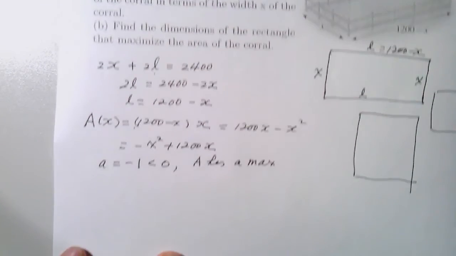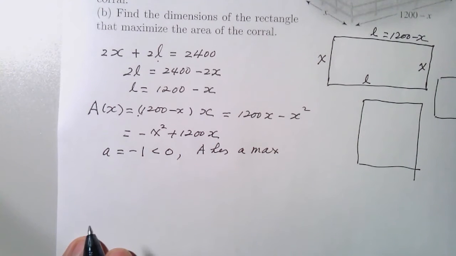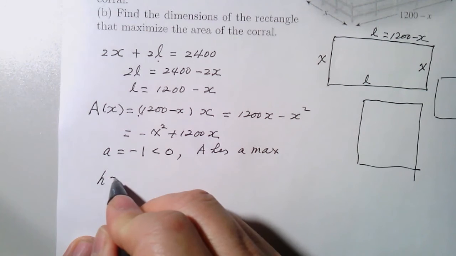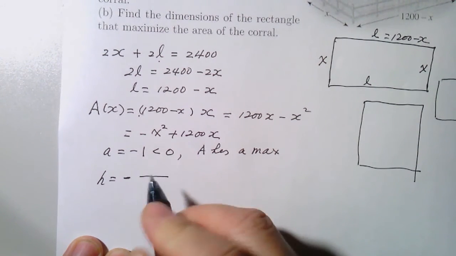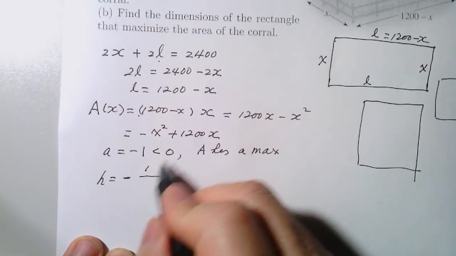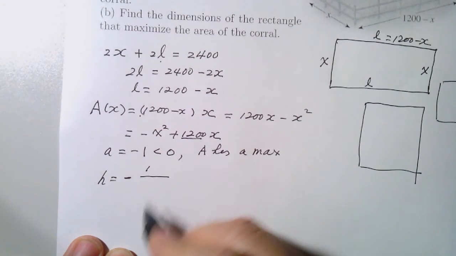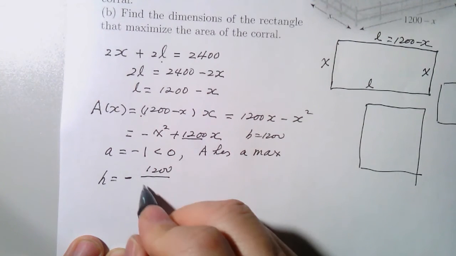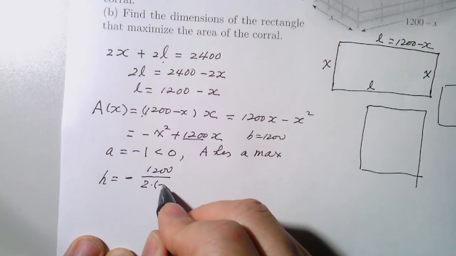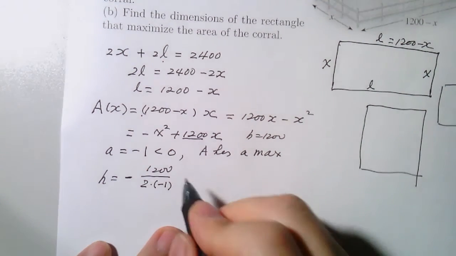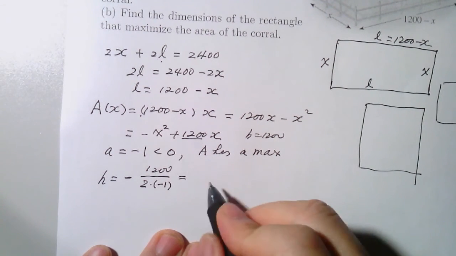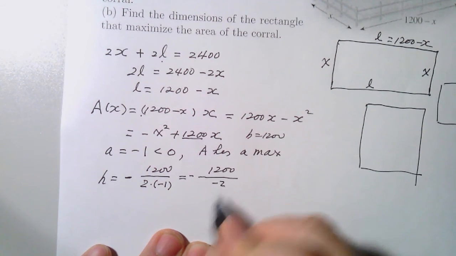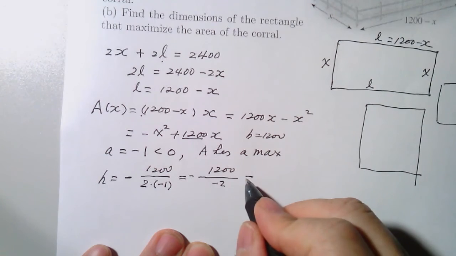In order to find the maximum, I'm going to use h equals negative b divided by 2a, where b equals 1200 and a is negative 1. So you have negative 1200 divided by negative 2, double negative becomes positive, which is 600.